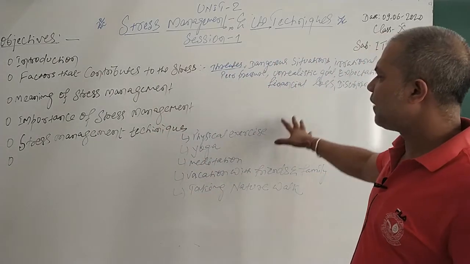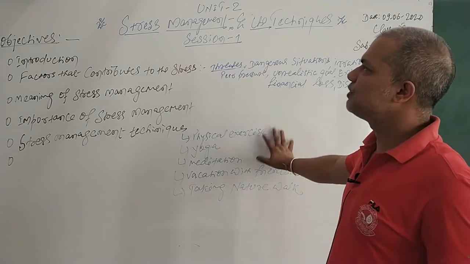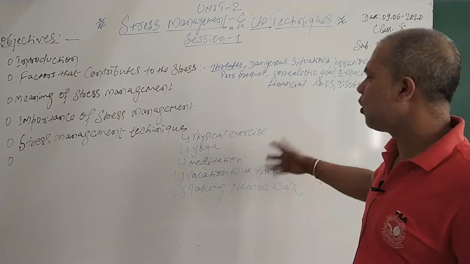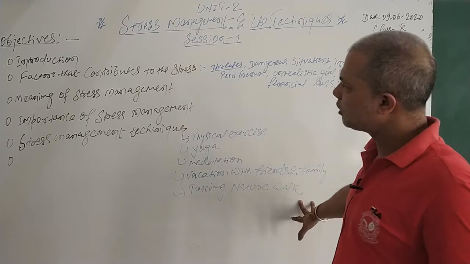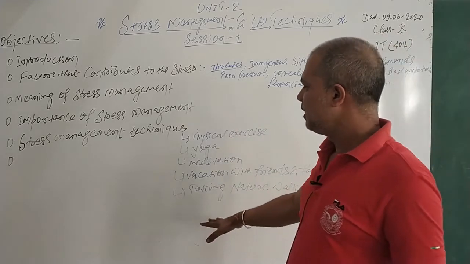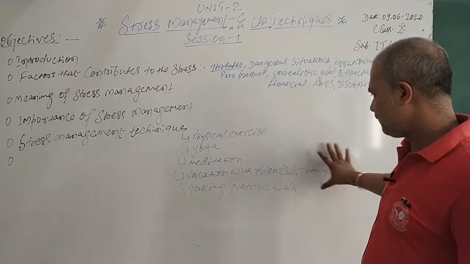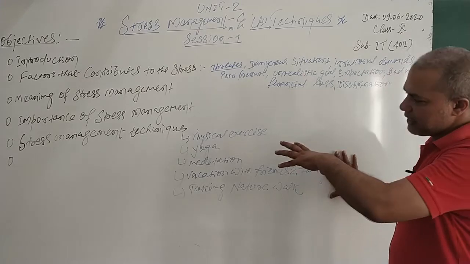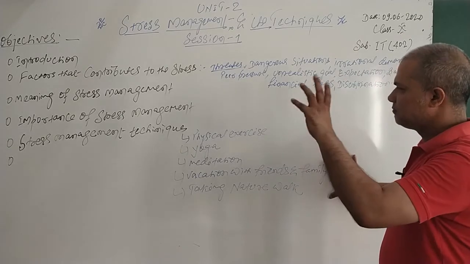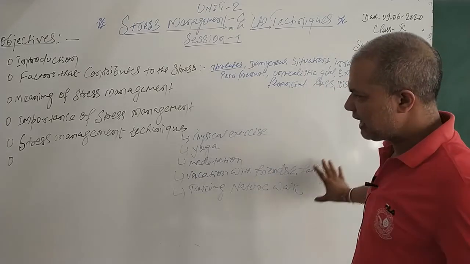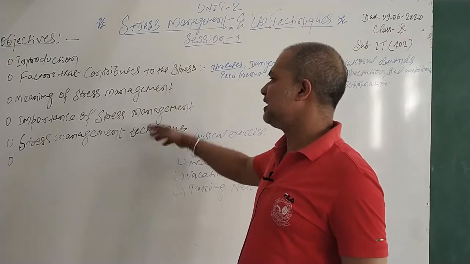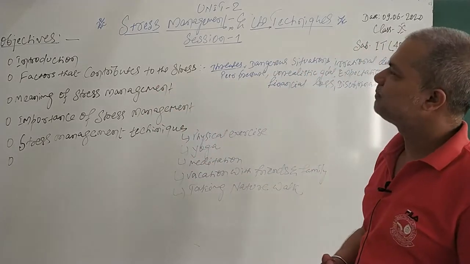So I hope these all 5 techniques, the physical exercise, yoga, meditation, vacations, outings and taking nature walks, if we do even a few of these techniques, we can reduce the stress we have.